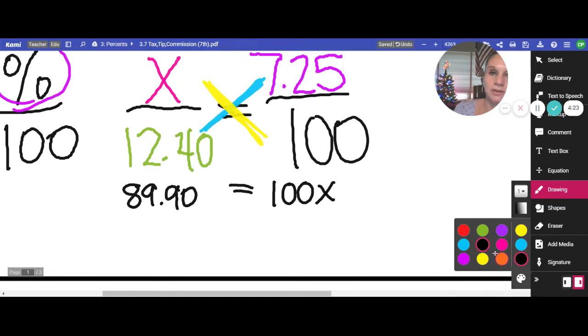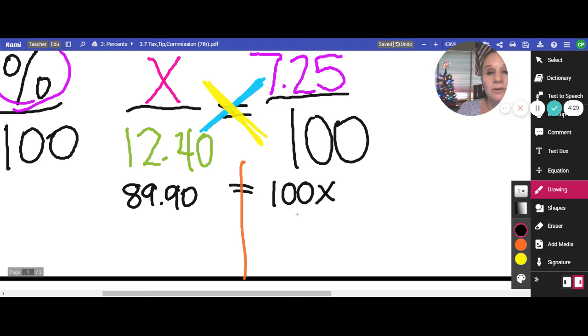And now if you like to look at this as algebra, we've got 100 being multiplied by x, and we want to get x by itself. So to get x by itself, we would divide by 100.